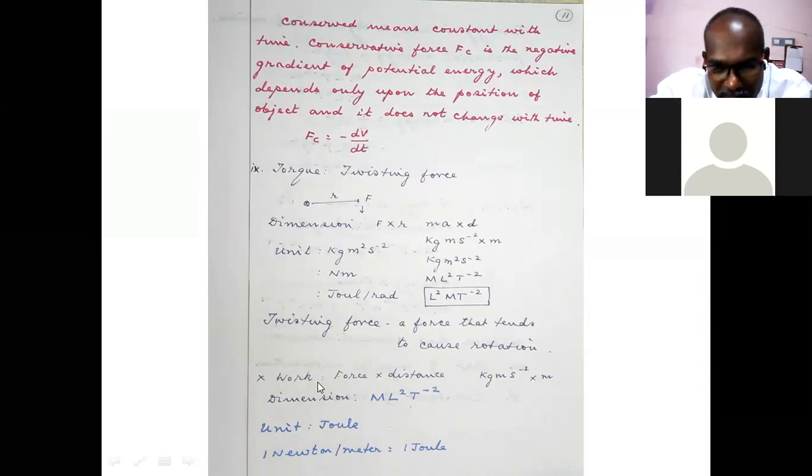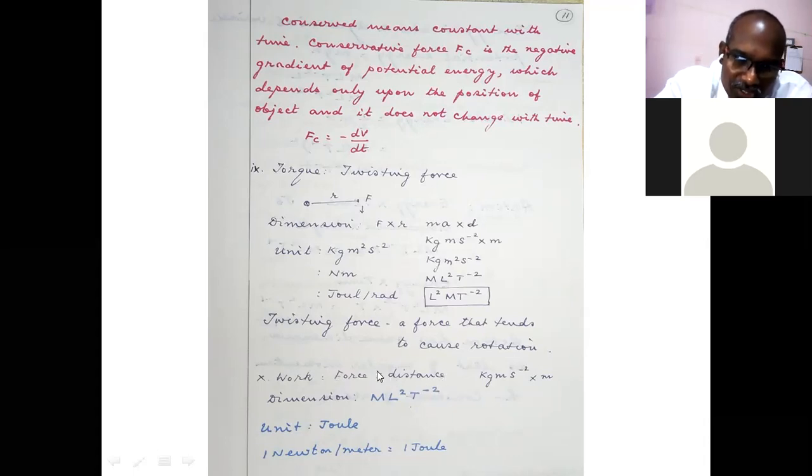Work. Sorry, I've wrongly said. In order to differentiate it from the work, work is a force multiplied by distance. You should understand this. What is the force acting on a body and what is the distance to which the body is moved? I am pushing a body and the body is moved to a distance.